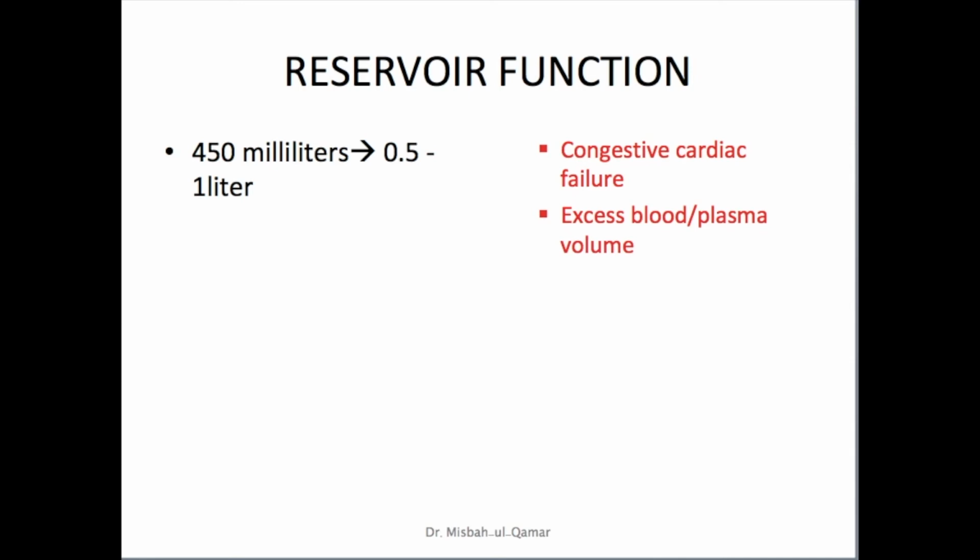Normal blood volume in liver is around 450 milliliters, including that in both hepatic veins and hepatic sinuses, while the maximum blood volume which can be stored in liver is around half to a full liter.